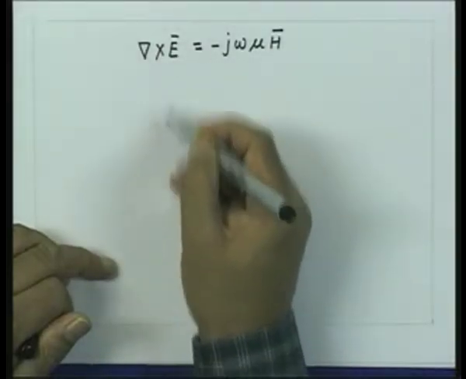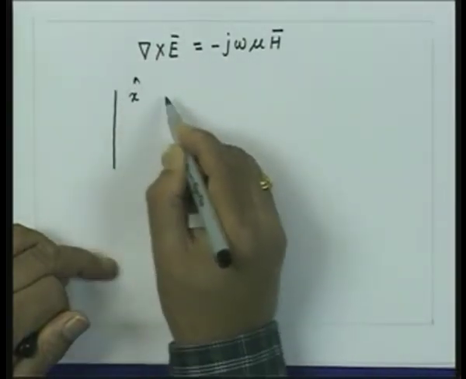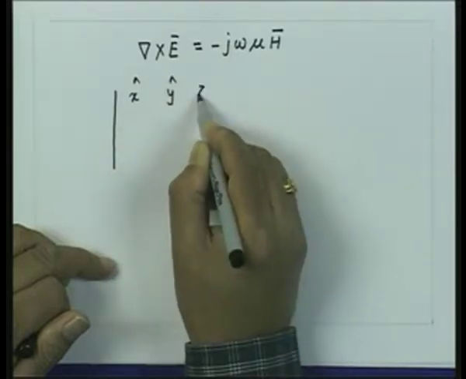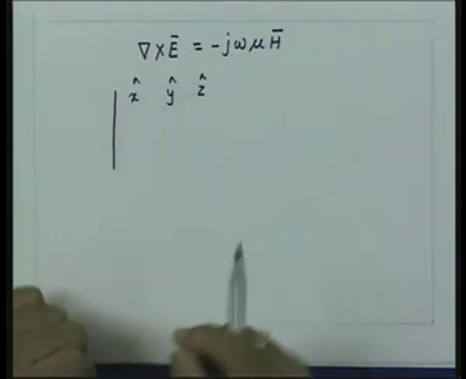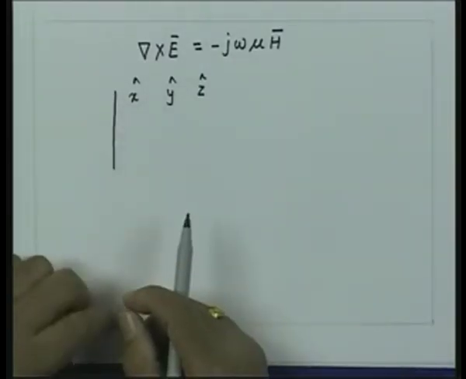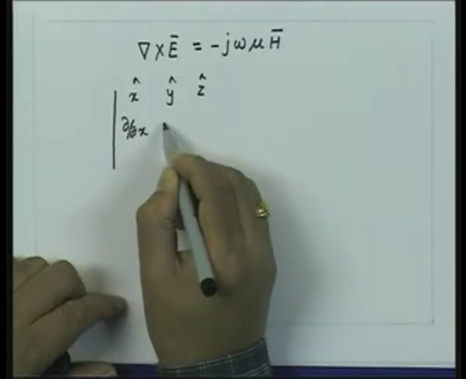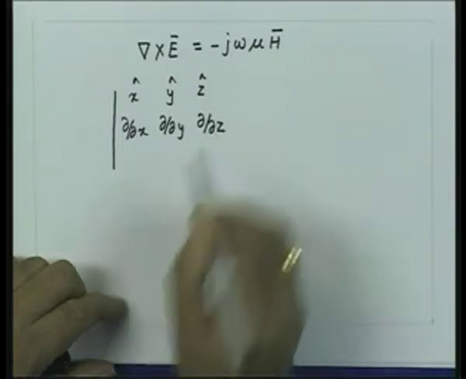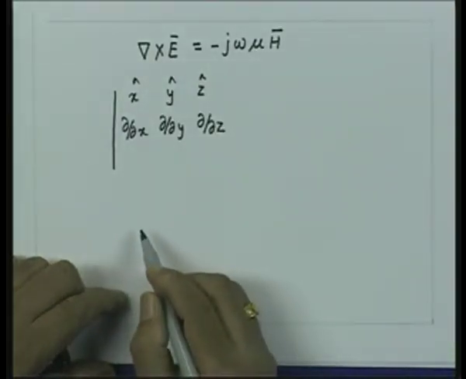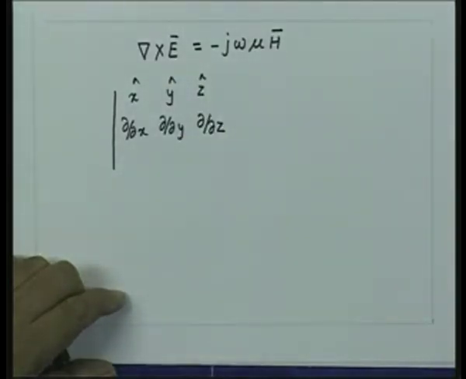We can write down this curl. So, it is x, y, z. Let us write this in the Cartesian coordinate system, which is easier to write: d by dx, d by dy, d by dz, and we have this quantity E, which has only an x component, E0 x.